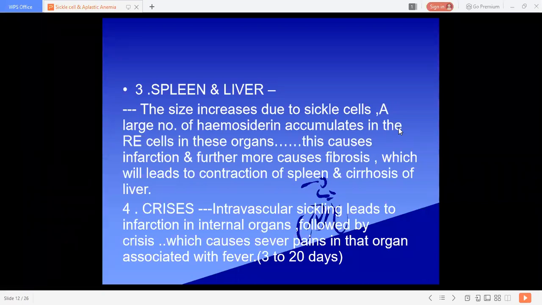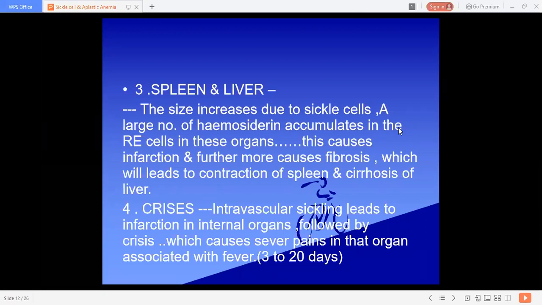This causes infarction, and furthermore it causes fibrosis, which will lead to contraction of the spleen and cirrhosis of the liver, due to collection of this large number of hemosiderin in the RE cells.